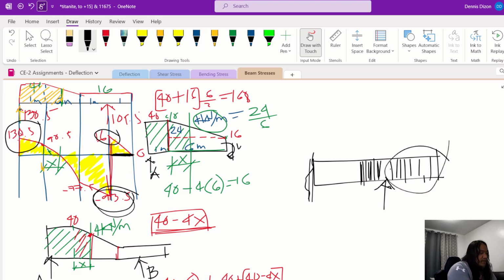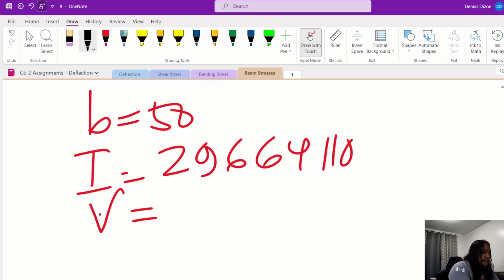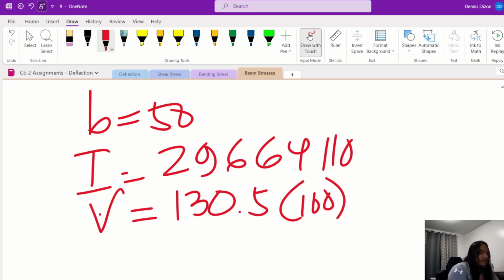Although 16 plus 90 is still lesser than 130, in case the total reaction at B is higher than the reaction at A, whichever is higher, these are the actual shear values here, not the total reaction at B. In this case, our maximum shear is 130.5, the reaction at A, 130.5 kilonewton times 1000, that is 130,500 Newton.